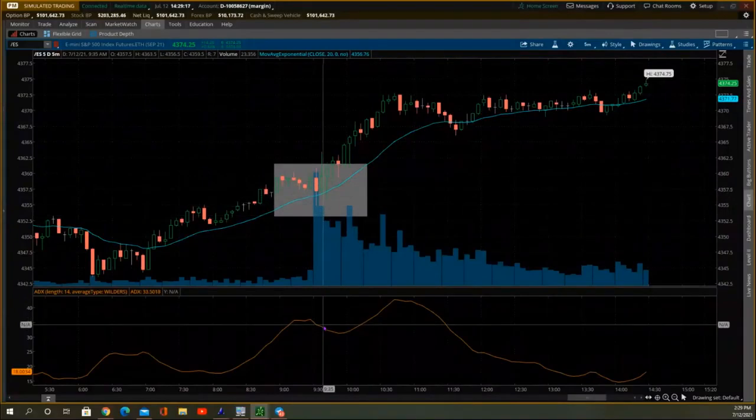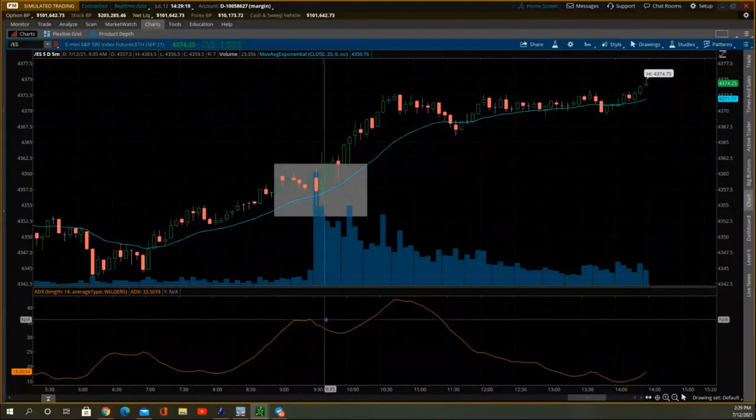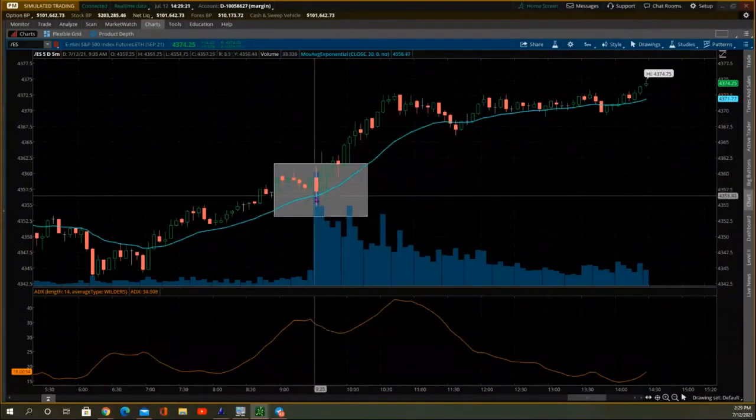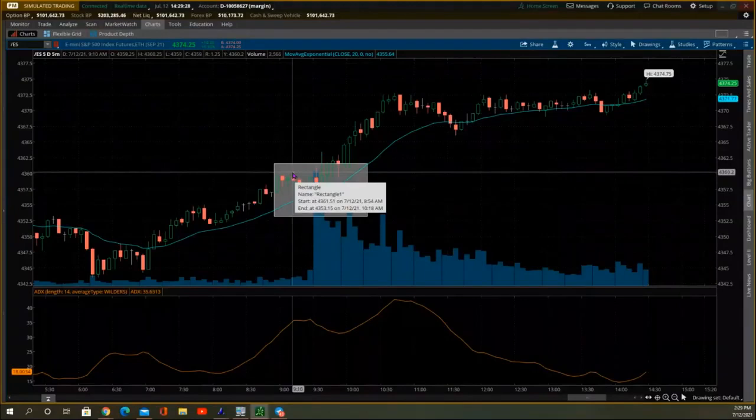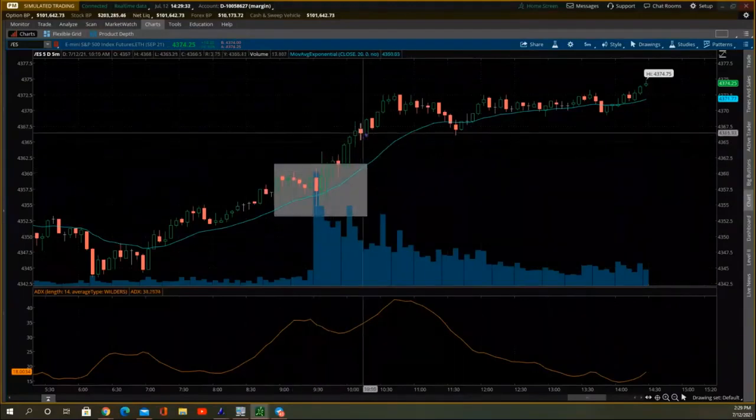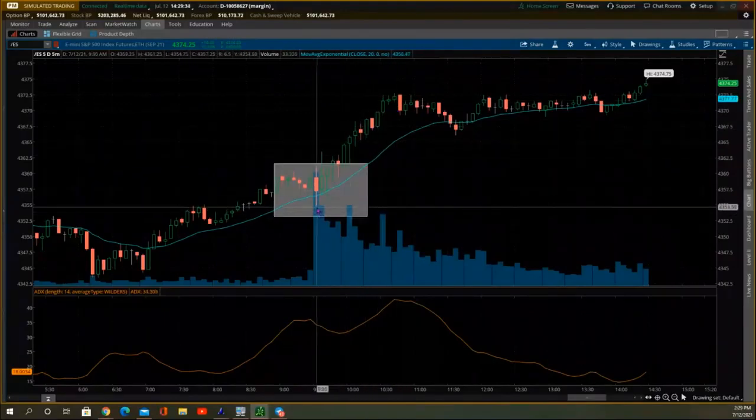ADX was above 30 right here. You bought it on the high of the previous bar right here. And the rules say you take some off at the previous swing high. And then you can just move your stops up as the trade progresses.